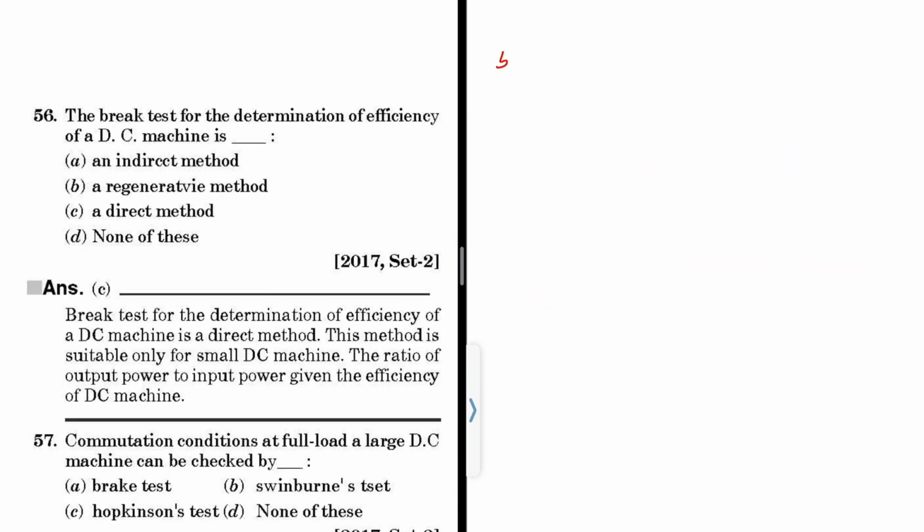Coming to question number 56. The brake test for determination of efficiency. Generally, in the testing of DC machines, there are two tests: one is direct testing and the other is indirect testing.